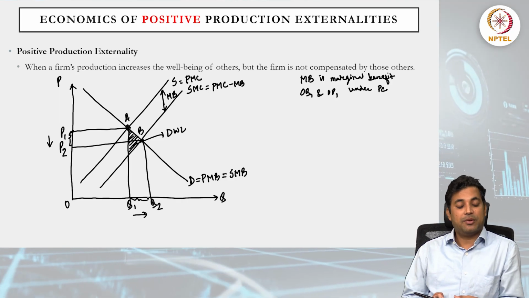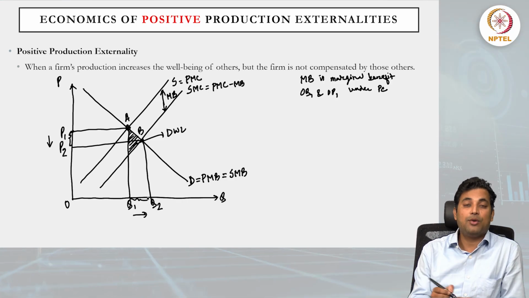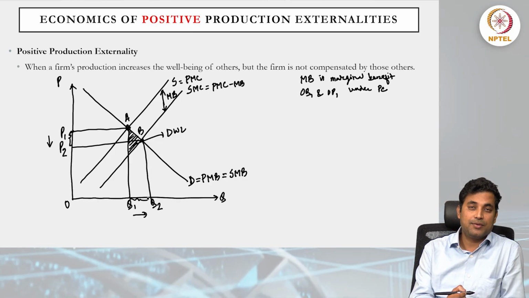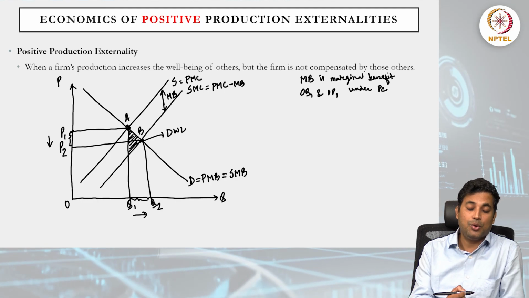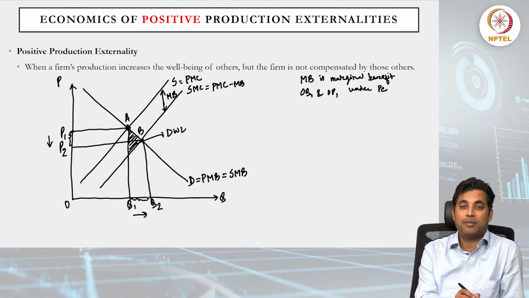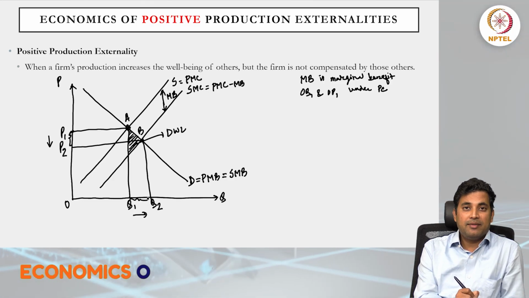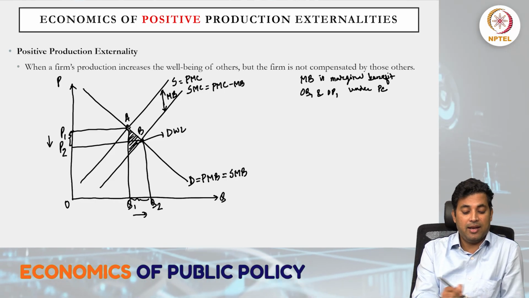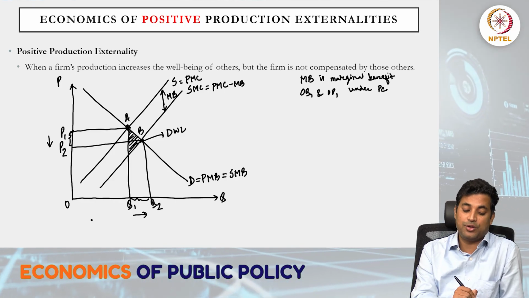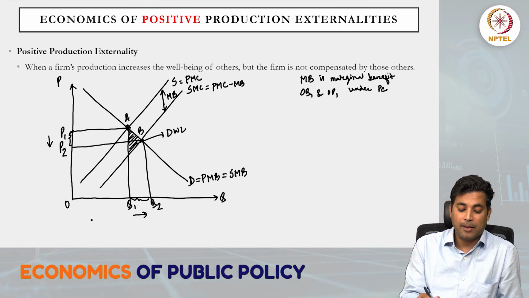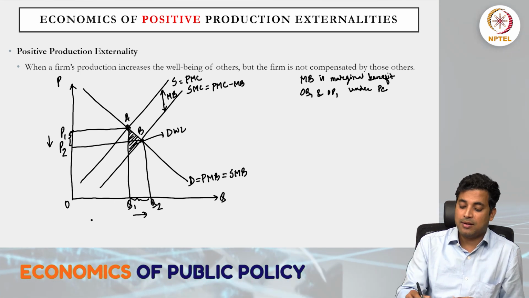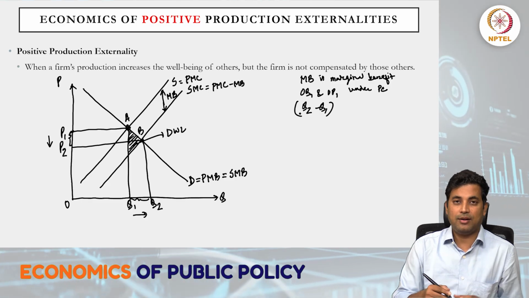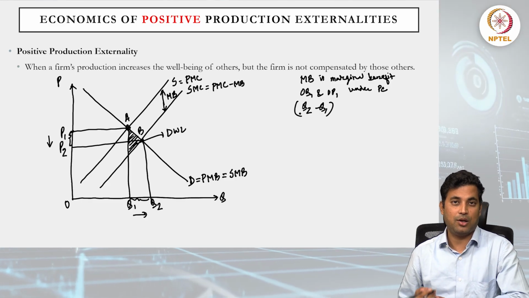If we look at these situations, the economy will get more benefit from producing up to OQ2 amount of quantity of that commodity, but private producers are producing at point A, at OQ1 amount of quantity.